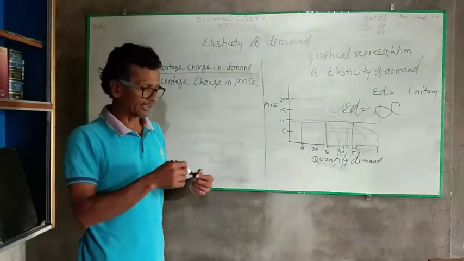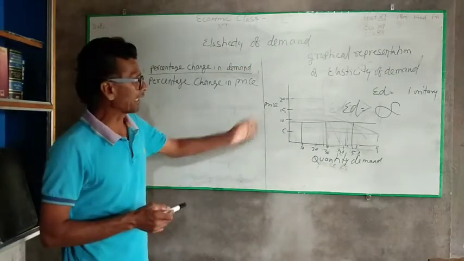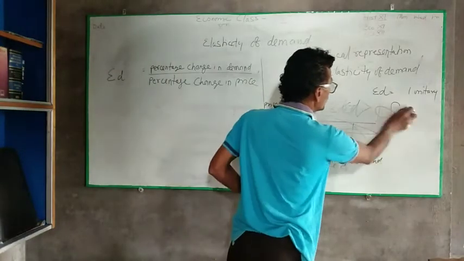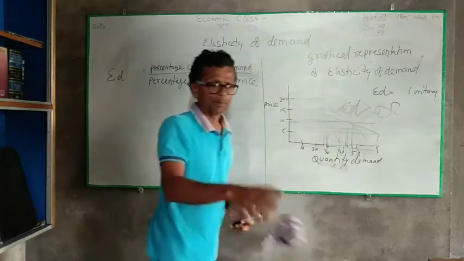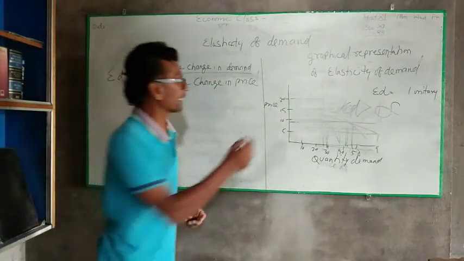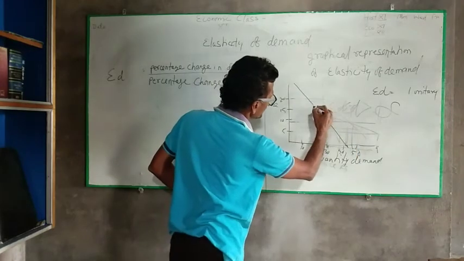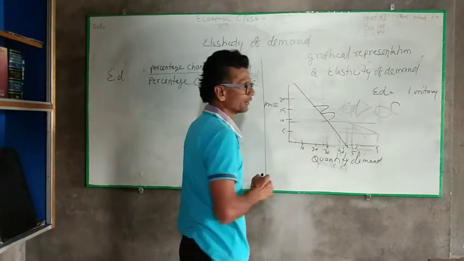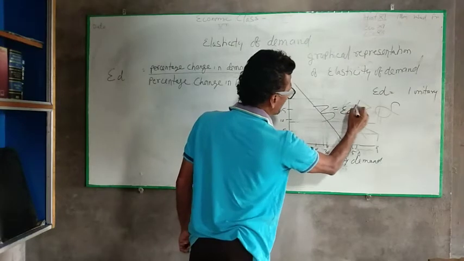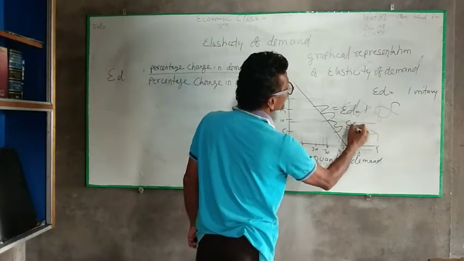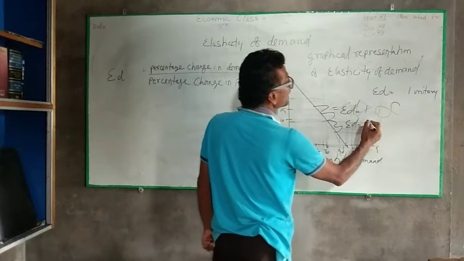So these are the 5 categories of elasticity in a graphical representation. If we want to show all the types of elasticity in one diagram, see, here elasticity of demand equals to 1. Here elasticity of demand is less than 1.